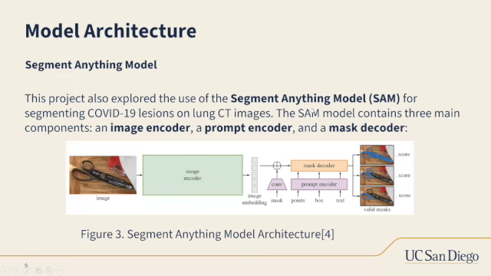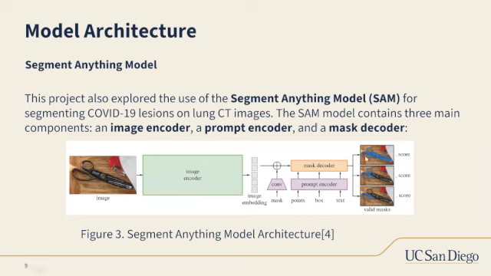In this project, besides the nnU-Net model, we also explore the use of the Segment Anything Model in our COVID lesion segmentation task. The SAM model is a promptable foundation model used for image segmentation. It is pre-trained on a very large dataset of natural images. It has three main components: an image encoder, a prompt encoder, and a mask decoder.